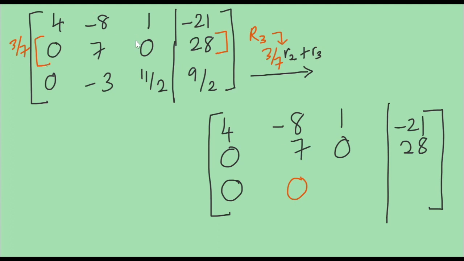And 3/7 multiplied by 0 is 0, plus 11/2 is 11/2. 3/7 multiplied by 28 gives us 12, plus 9/2 gives us 16.5. And this would be the row echelon form.